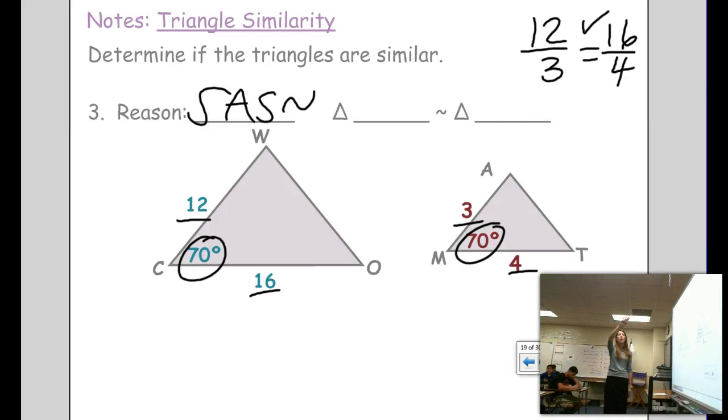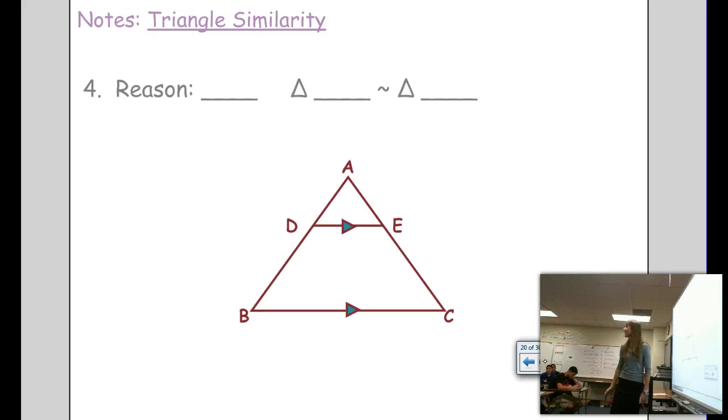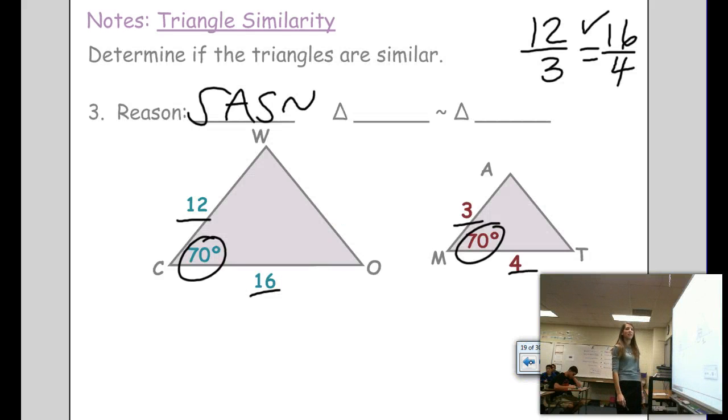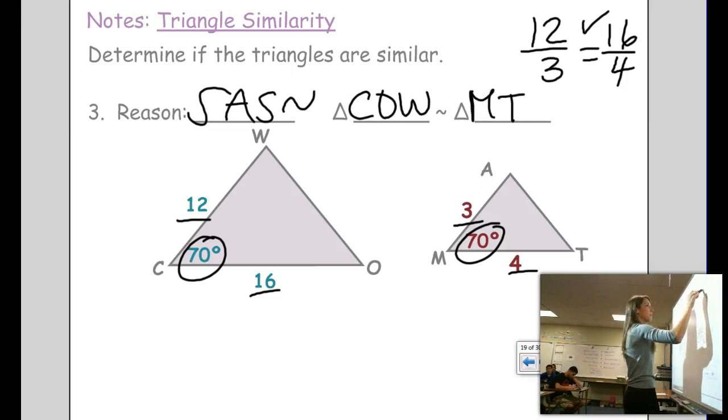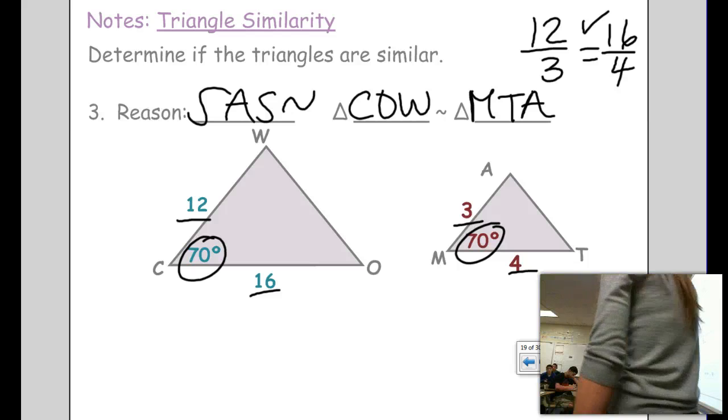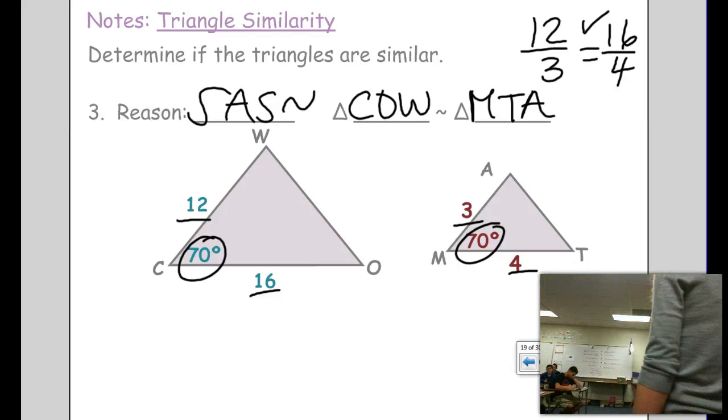And let's do cow is similar to, this one's easy because they didn't get rotated. Cow is similar to mat. Very good. Yeah, you're right. Y'all are awesome. Cow is similar to nta.